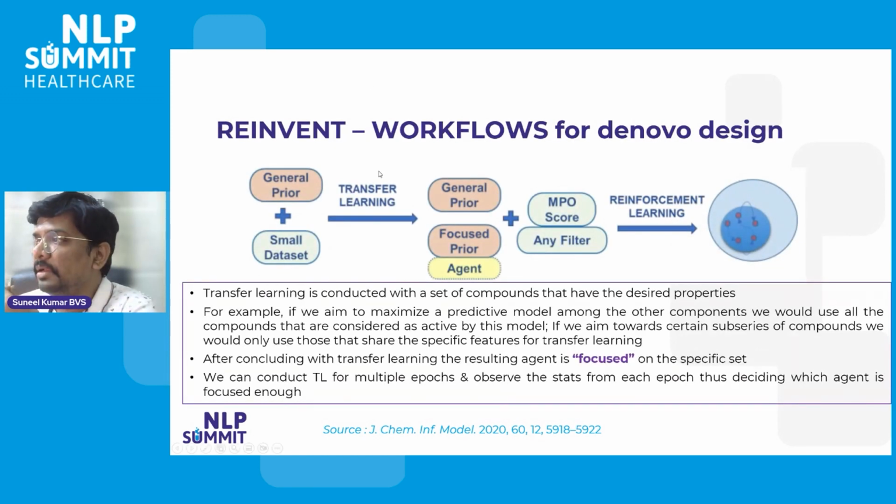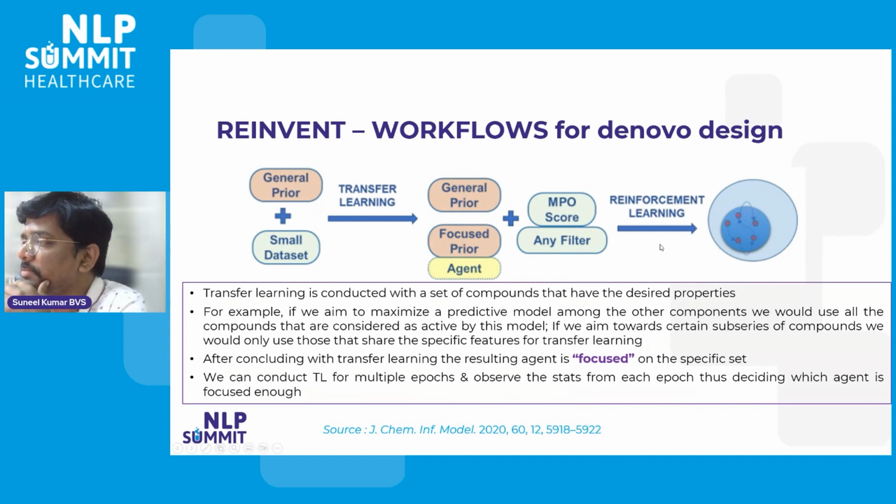It is similar to the previous workflow, but what we added is an agent. The molecules generated by transfer learning against a small data set are reassessed using a focused prior, which is a target-specific library, and by a reward function called by the agent, and also assessed by the MPO score and any property threshold of interest.